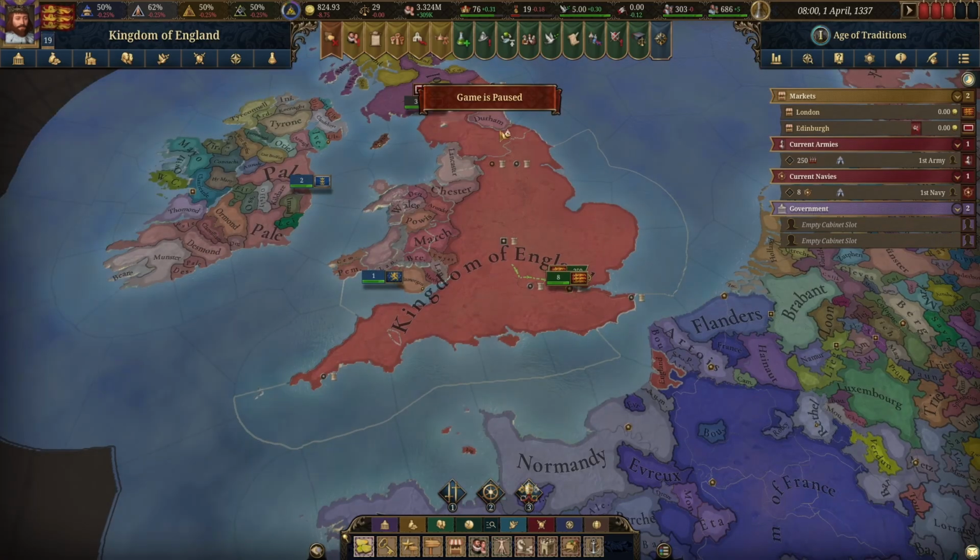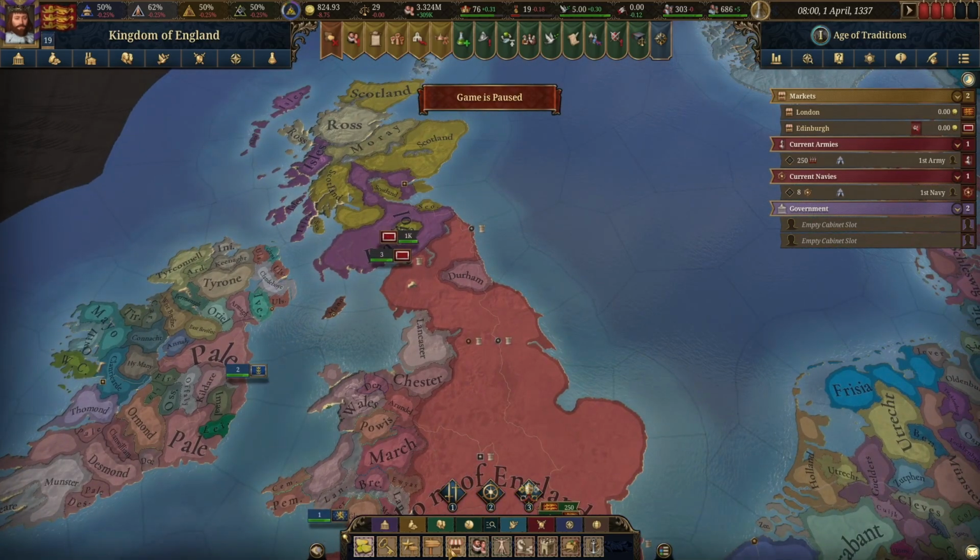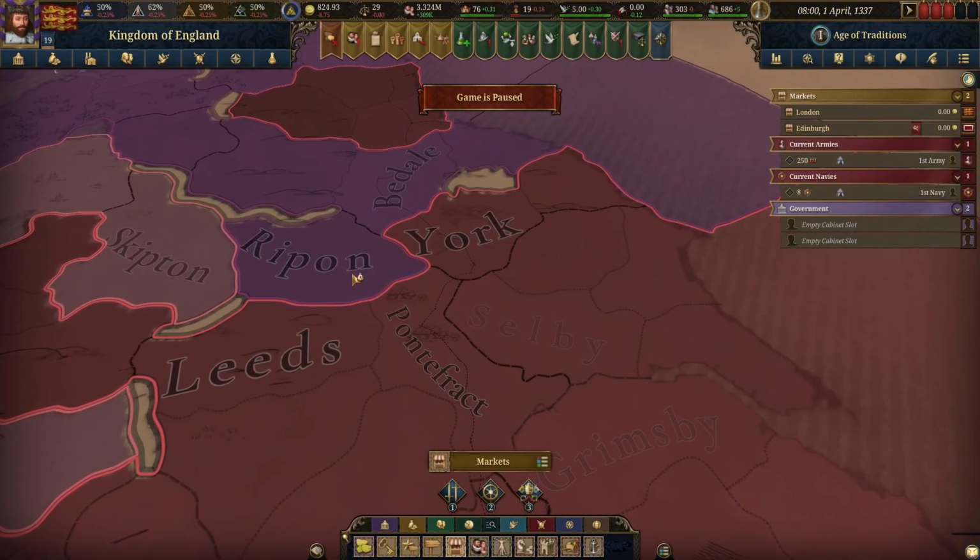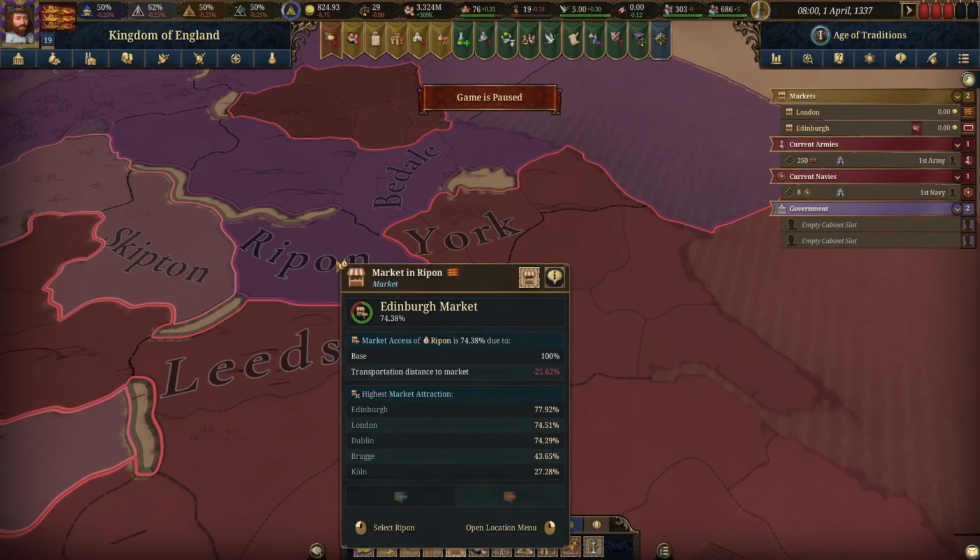For example, the location of Ripon is part of our country, but has decided instead to buy and sell its goods in the Edinburgh market. That's because Edinburgh has a higher market attraction than London in this area.